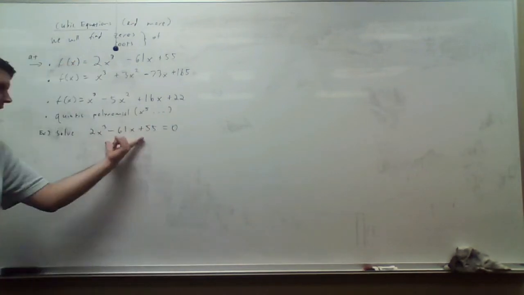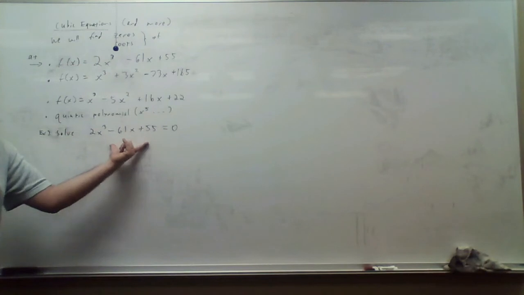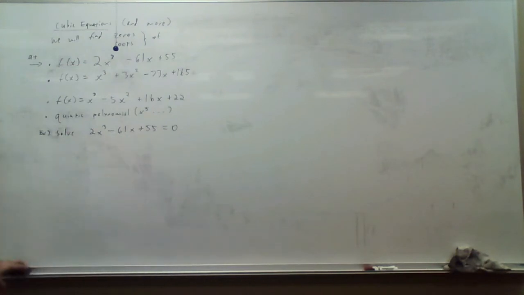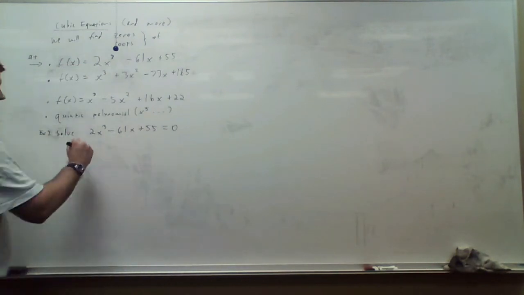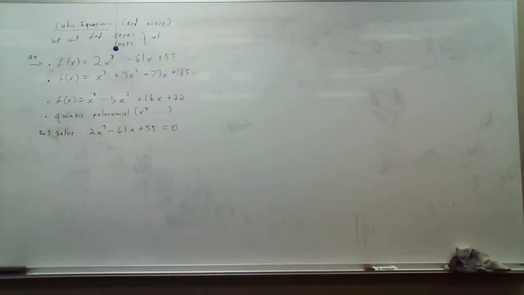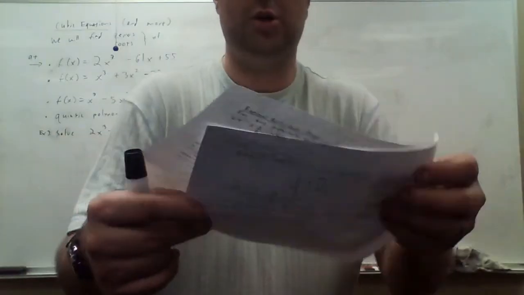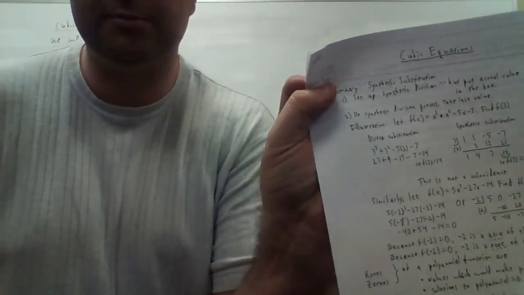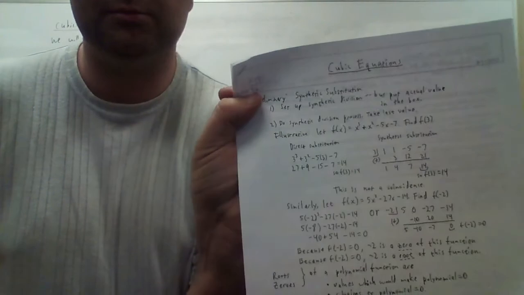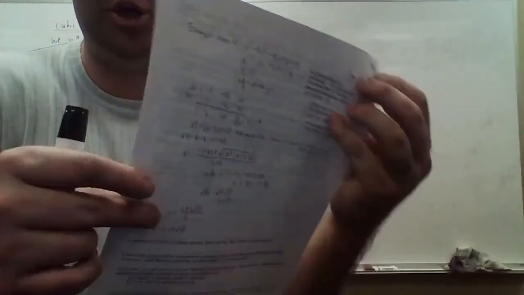Okay, as I said, it's not factorable by grouping because it only has 3 terms. So what we're going to have to do is use the P over Q stuff that's on the top of this table, on the top of cubic equations, page 2.